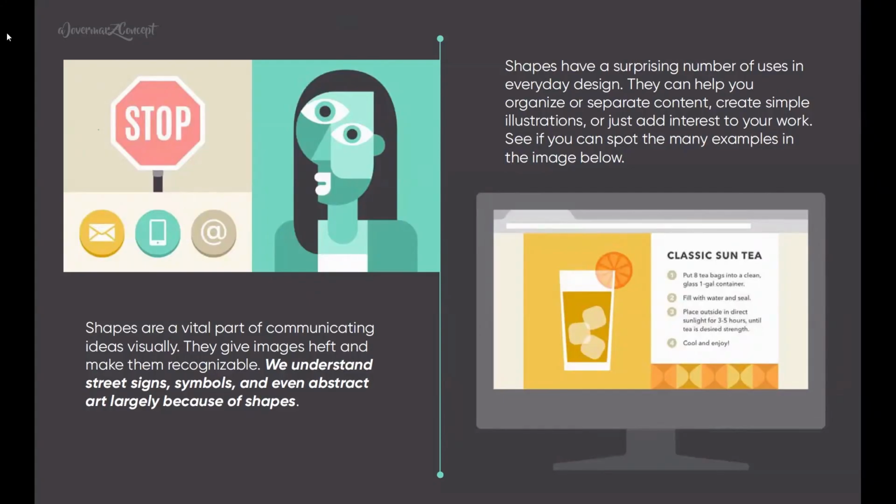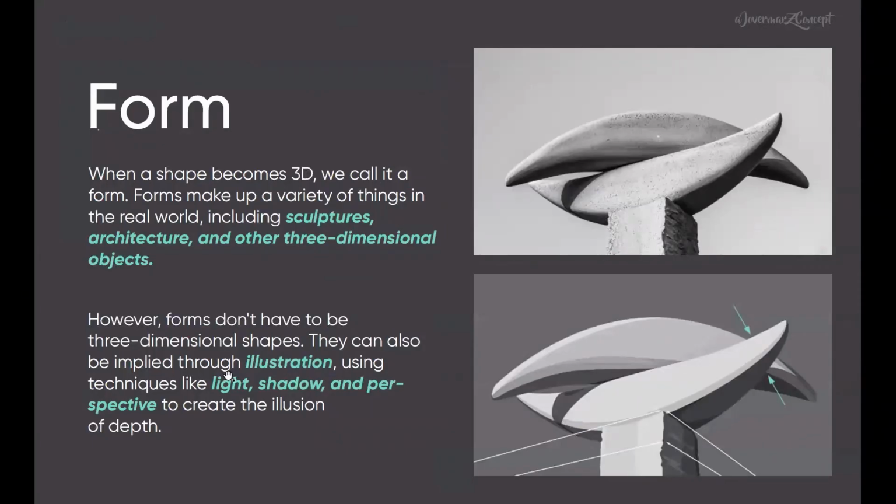Okay, the next one, form. This is very interesting. When a shape becomes 3D, 3D means 3-dimensional, and 3-dimensional means you can see all sides, right? We call it a form.